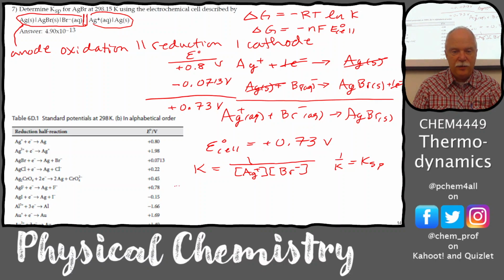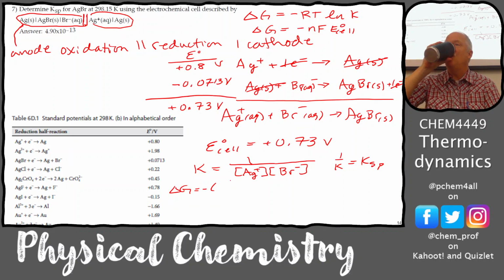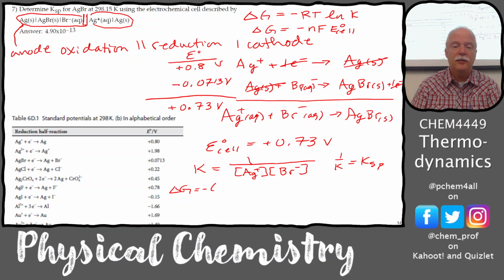So delta G is equal to minus, what is n in this case? So I'm looking at this reaction. Since I balanced this reaction, I know what n is. It's the number of electrons exchanged, so that's 1. One mole of electrons.